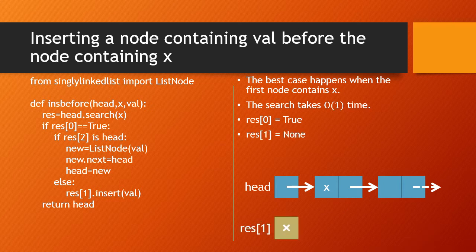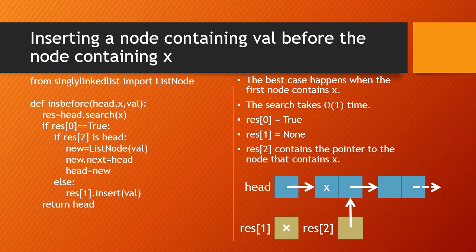Res 1 is none. This is because the target element is in the first node and there is no node before it. And res 2 contains pointer to the node that contains x. So this is the information returned by the search function.